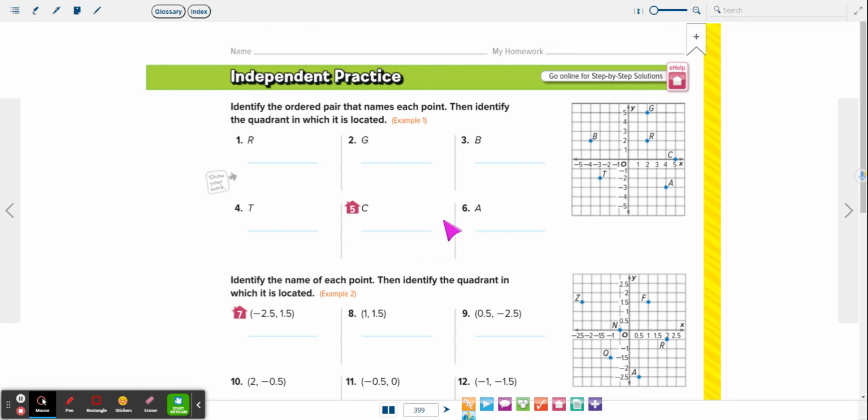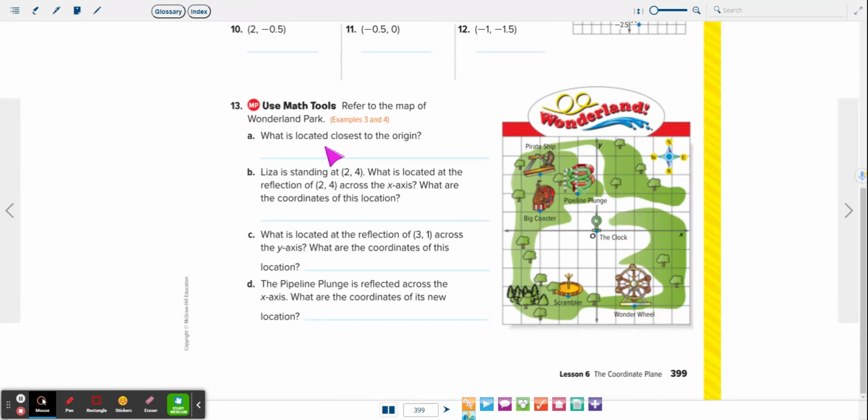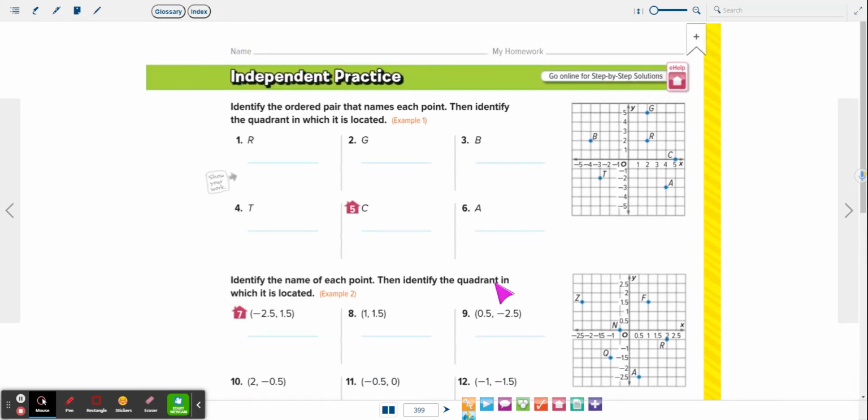So your homework is page 399, 1 through 13. And 13 has 4 parts. You're going to make sure you look at this map here. And they're going to want you to name the rides, not the points, but the actual rides, okay? For 1 through 6, you are telling me the quadrant that it's located in.